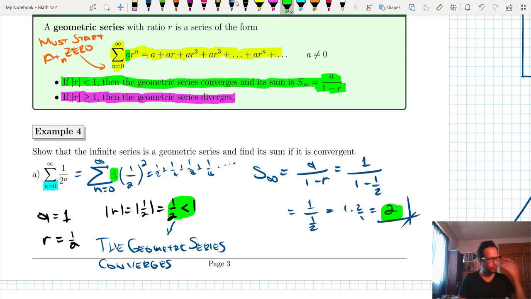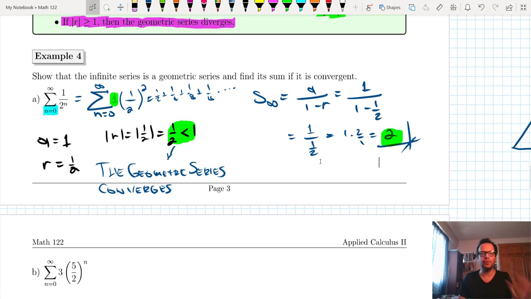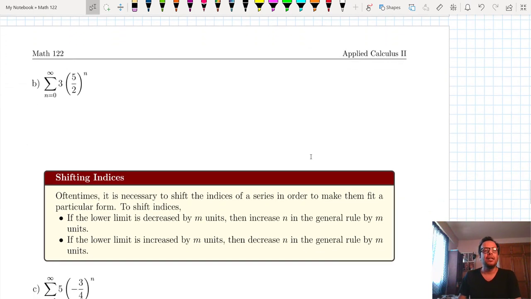Okay, where did we get this formula? Well, we're not going to prove this result. I think the proof or the derivation is in the textbook, and the idea is to get familiar with how to use this information. So let's look at letter B. For letter B, we don't have to do anything here other than observing what a and r are given the sequence. So a is 3 and r equals 5/2.